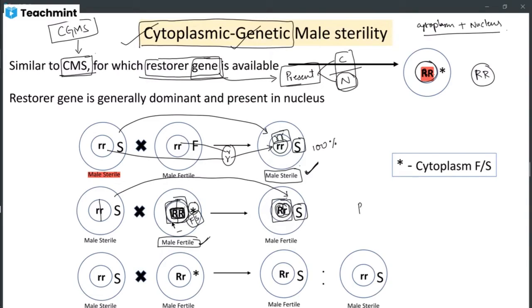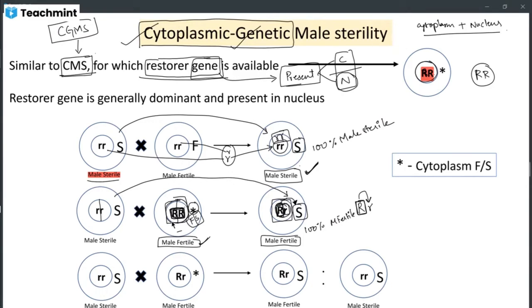As we know, the dominant suppresses the recessive and it expresses. So the restorer gene expresses, suppressing the recessive allele. And also the restorer gene suppresses the sterile cytoplasm. It has the capability to suppress the sterile cytoplasm, and ultimately the progeny will be 100% male fertile.